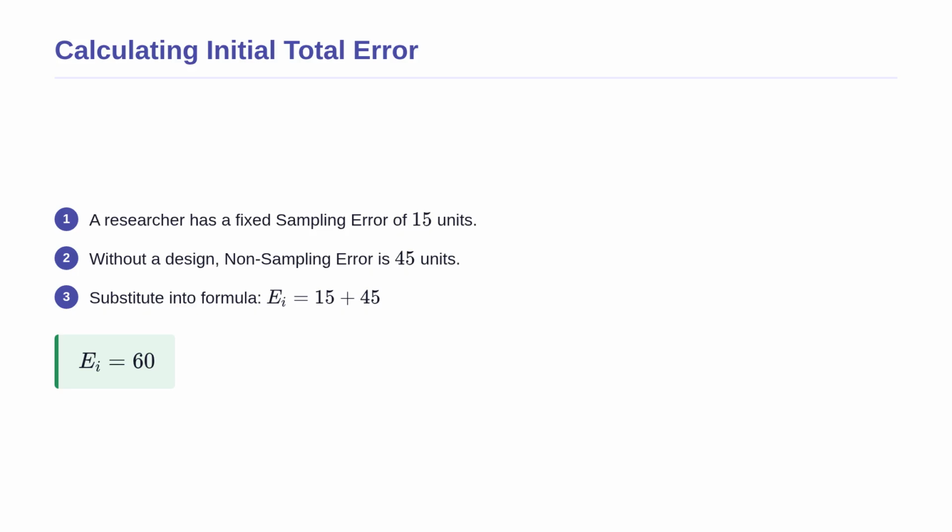We simply add the initial sampling error of 15 to the initial non-sampling error of 45. This simple addition gives us a total initial error of 60 units. This high level of error means the research results are likely inaccurate and completely untrustworthy. It shows exactly what happens when a researcher collects data without a clear, structured plan.